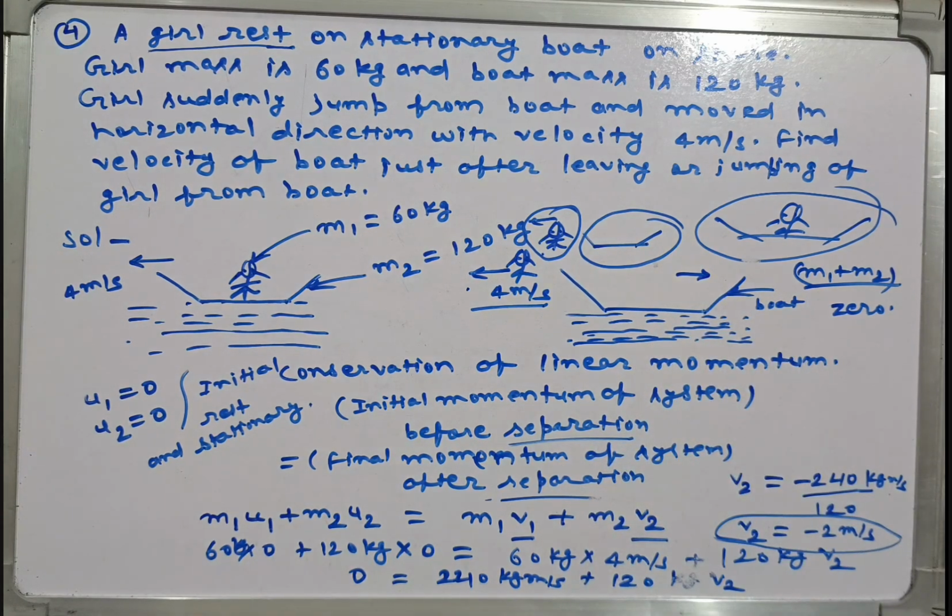Here the negative sign indicates that just after the separation the velocities of the girl and the boat are different from each other. It also fulfills Newton's third law of motion.